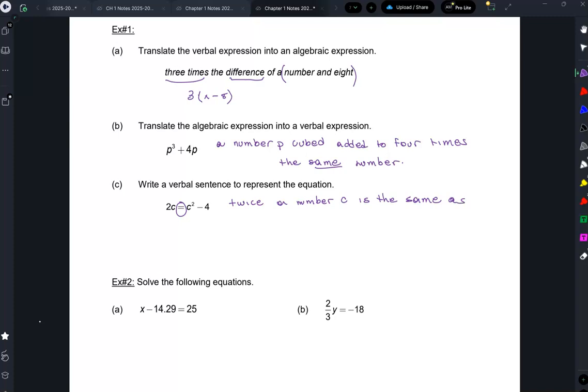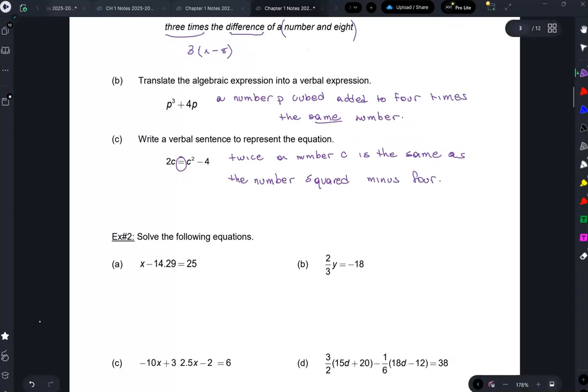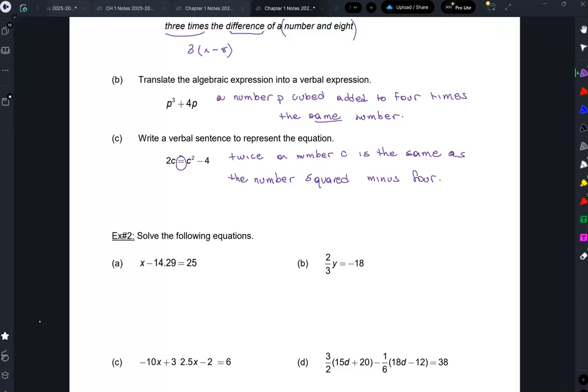So we said twice the number c is the same as the number, that means the same number, squared minus 4. Could you just say is the same as the difference of the number squared and 4? Yeah.